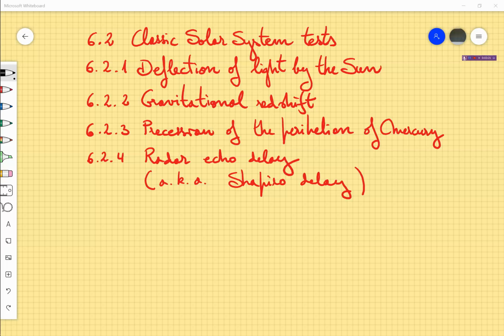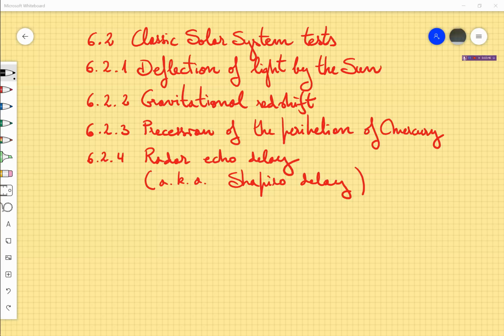Okay, a metric theory of gravity that can be represented in the low speed limit, weak field limit, as in this parameterized post-Newtonian framework. Also observe that the gravitational redshift has already been discussed, and also in the previous section we have computed the precession of the perihelion of Mercury.